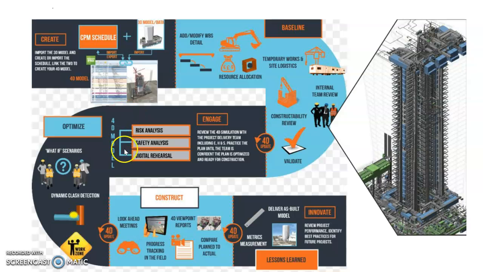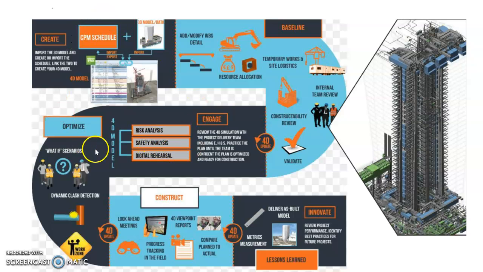Or you can also make use of the 4D model to carry out risk analysis, safety analysis, or as a digital rehearsal of the pace of the progress of the work that is going to take place when the site is physically going to carry out the work.